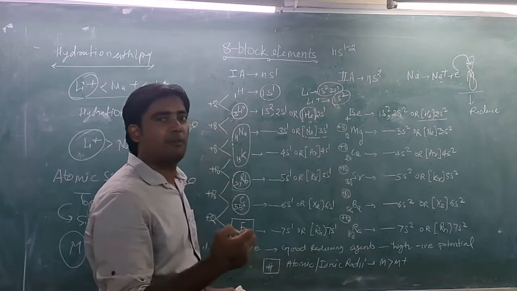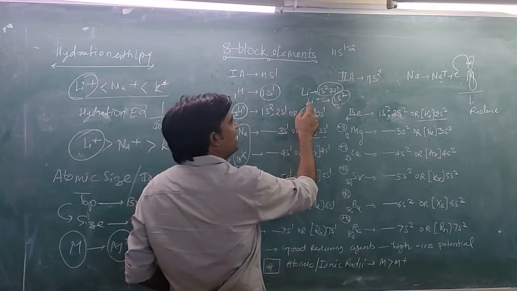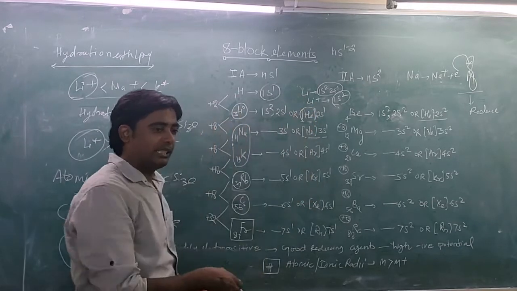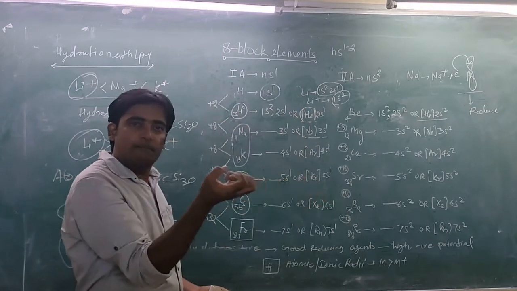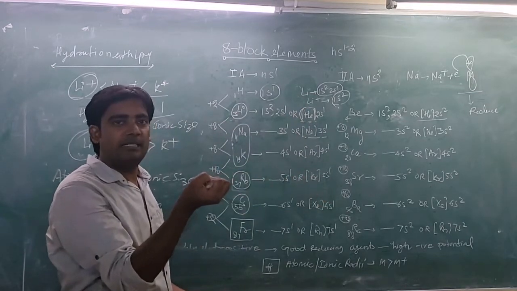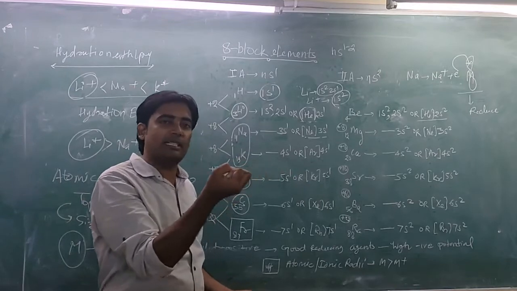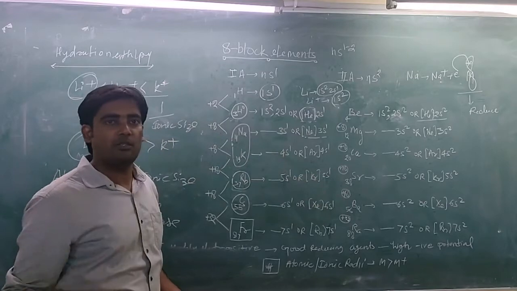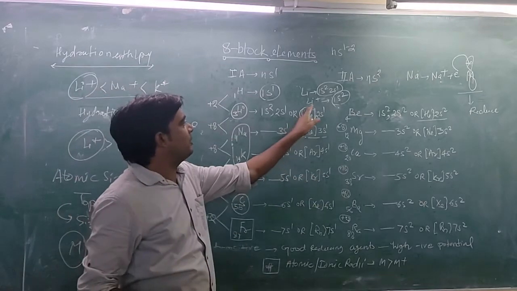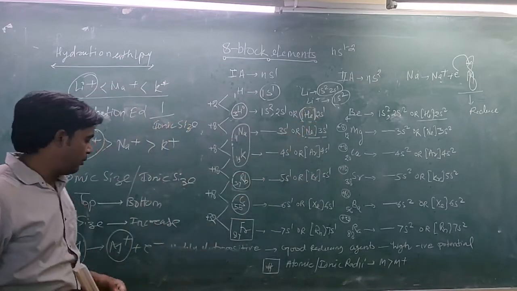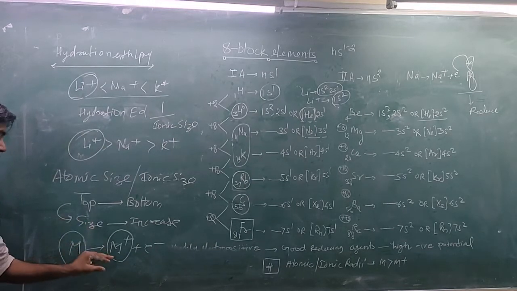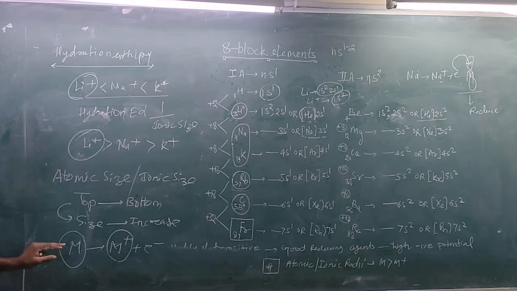So the nuclear charge per electron is higher in the ion, and the attraction of the nucleus on the outermost shell electrons makes the size decrease. So the size of lithium 1 positive is decreased. Always M positive will be smaller than M. This is the ionic size and this is the atomic size.